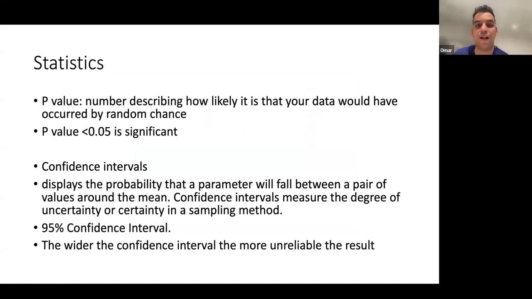So obviously I've put here a p-value. Now, a p-value definition here is a number describing how likely it is that your data would have occurred by random chance. There's lots of definitions for p-values, and it's important that if you ever get asked this question, you just learn it, because it can get very confusing. But the key concept and the key word you have to get into your answer is random chance. A p-value of less than 0.05 is set as statistically significant. Be aware there is a big difference between statistical significance and clinical significance.